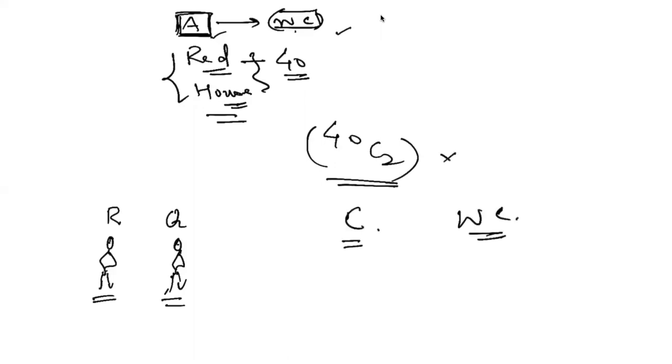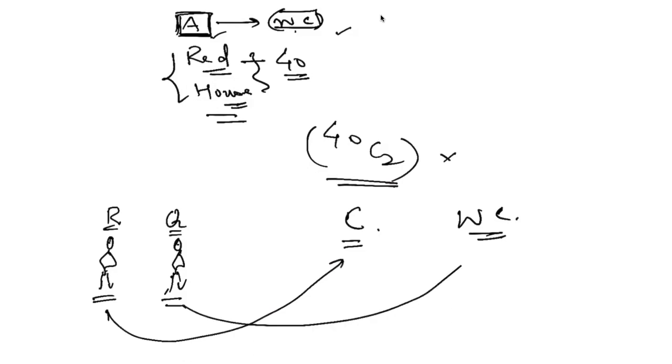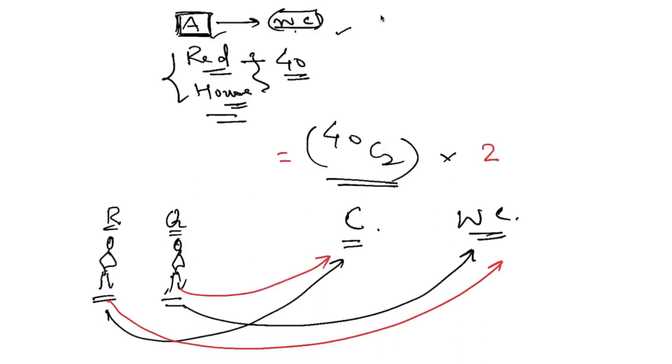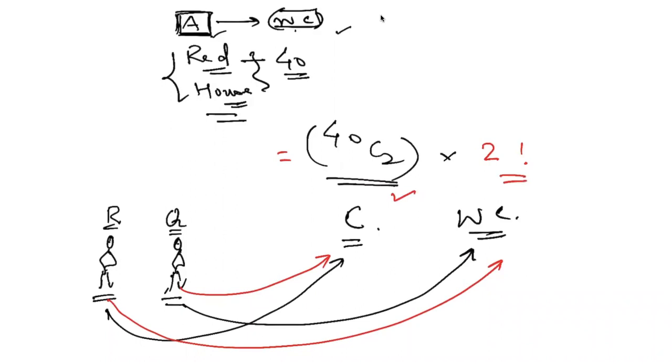So if this is R and this is Q, R will be captain, then Q will be vice captain. Or if I say R will be vice captain, Q will be captain. So here we have to select as well as arrange. So selection as well as arrangement in this case.